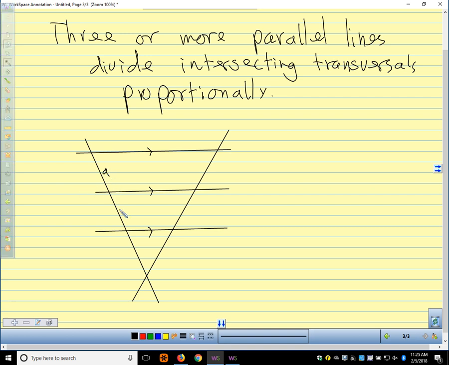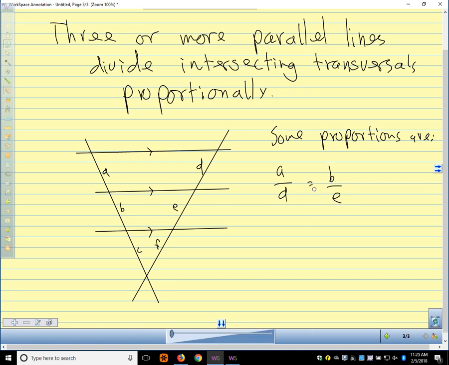So I'm going to call this A, B, C, D, E, and F. So what the theorem says is those transversals are divided proportionally. So some proportions are, I could say A over D, comparing these two, equals B over E. I could say A over C, can compare this one and this one.